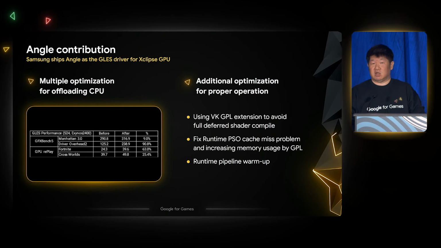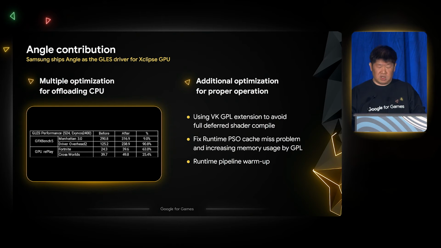We also take care of the GLES games, because in the market out there, GLES games are still many, and that is the majority. So we believe that the Vulkan-centric world will come sooner. It will make game development easier, but still we have to take care of GLES. So we care about ANGLE. You know that ANGLE is a GLES implementation based on a Vulkan backend.